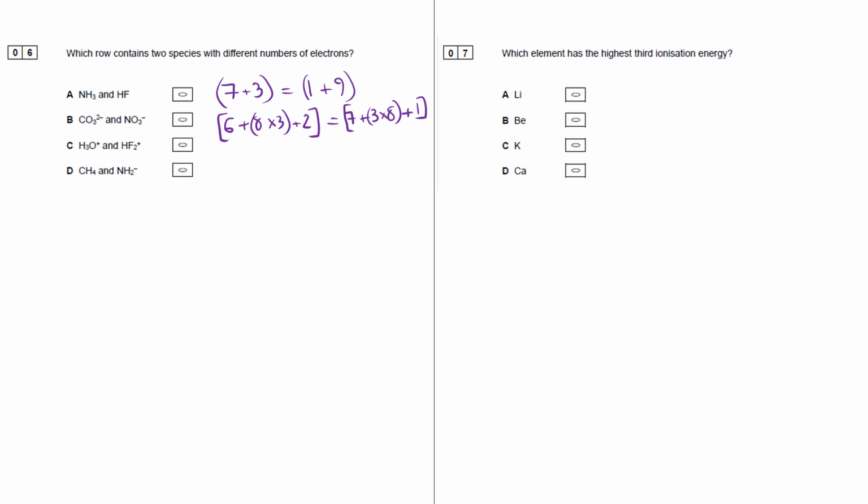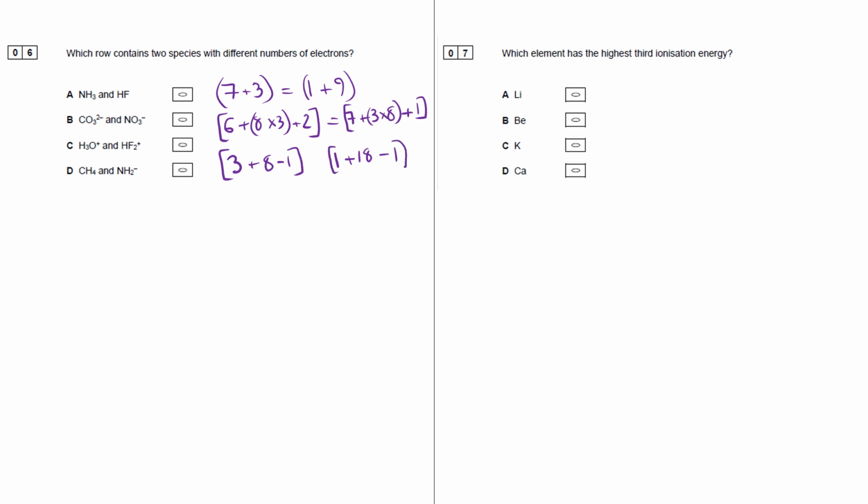H3O+, you've got 3 hydrogens, you've got 1 oxygen, and you've lost an electron because it has a positive charge. So that is 10 electrons in total. HF2, you've got 1 hydrogen, 2 fluorines, so that's 2 lots of 9, and you've lost 1 because it's got a 1 plus charge. So that would be 18 in total.